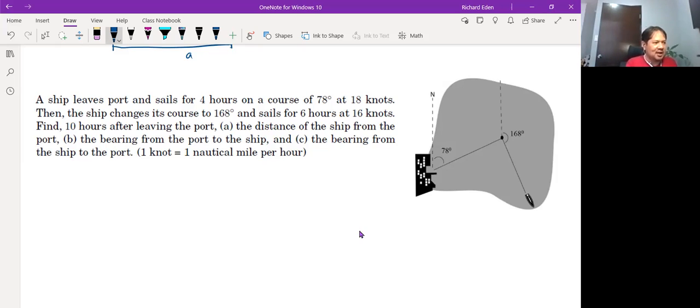Yung ito, ano po pwede dito, mag-arc. The real question po dito is why did the ship turn after 4 hours, and then it literally turned just to sail 6 hours? Well, maybe there was a mysterious destination right there.